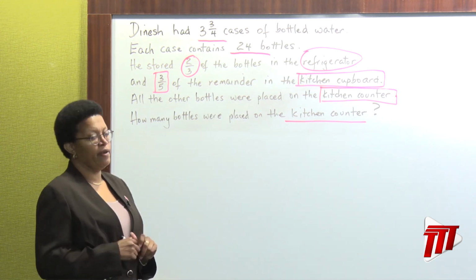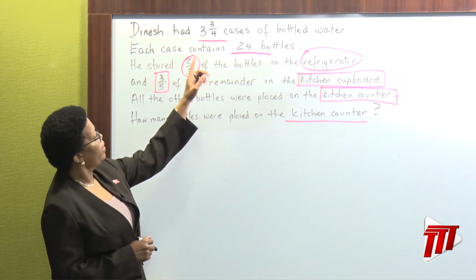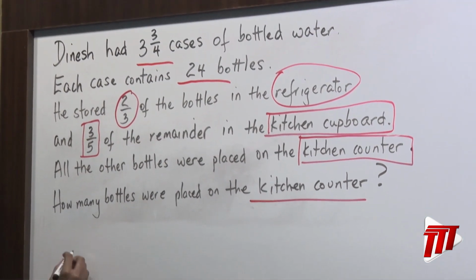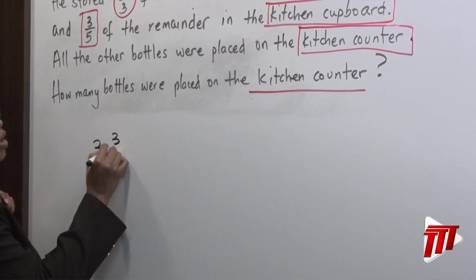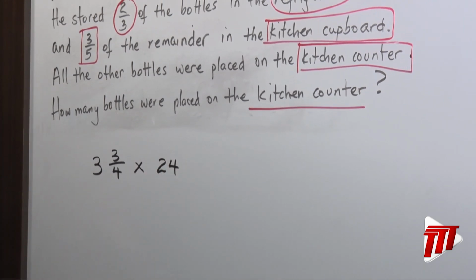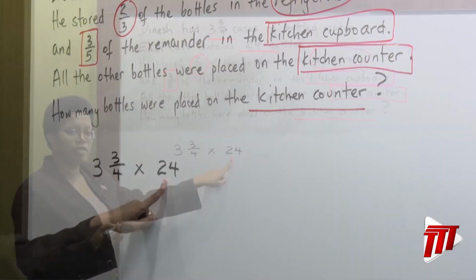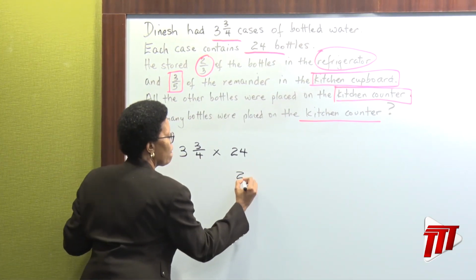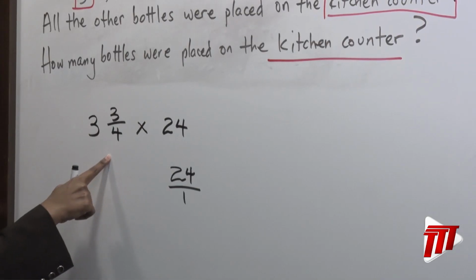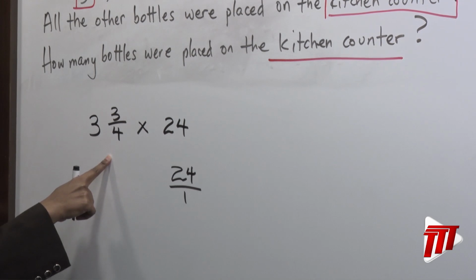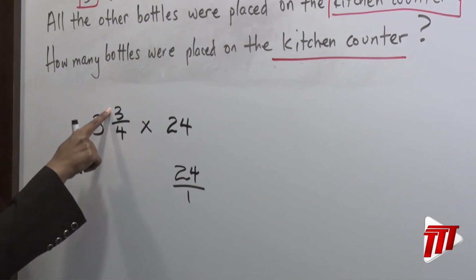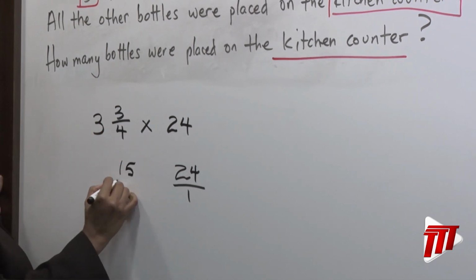In the first step, let us find how many bottles are in 3 3/4 cases. We need 3 3/4 multiplied by 24. This can be written as 24 with 1 in the denominator, and we can convert our mixed number to an improper fraction. 3 multiplied by 4 is 12. 12 added to 3 is 15 fourths.